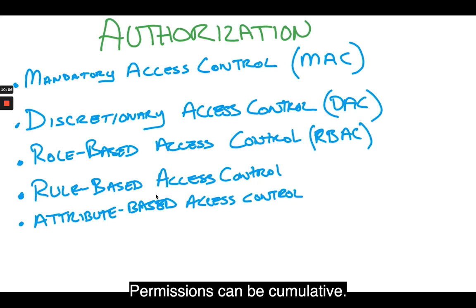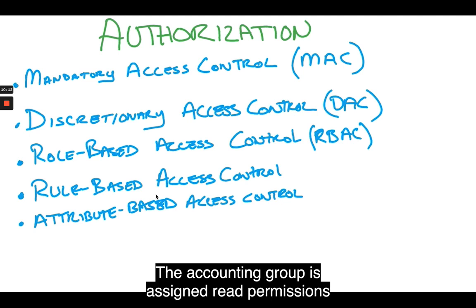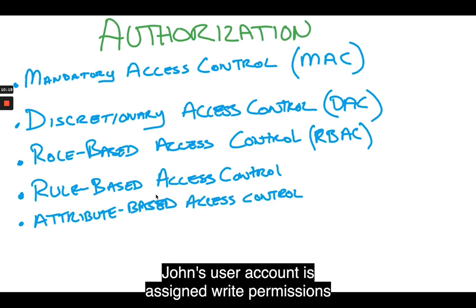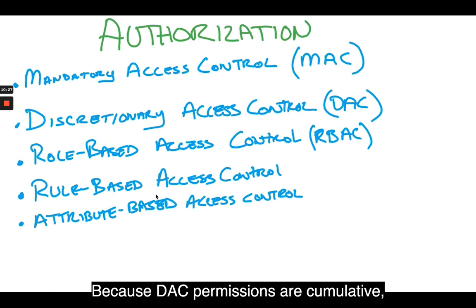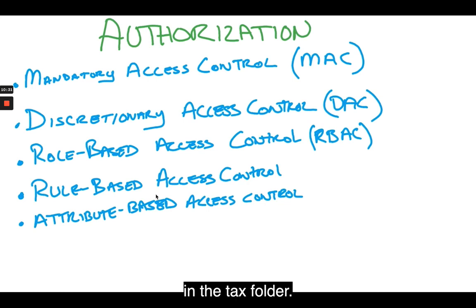Permissions can be cumulative. For example, John belongs to the accounting group. The accounting group is assigned read permissions to the income tax folder and the files in the folder. John's user account is assigned write permissions to the income tax folder and the files in the folder. Because DAC permissions are cumulative, John can access, read, and write to the files in the tax folder.